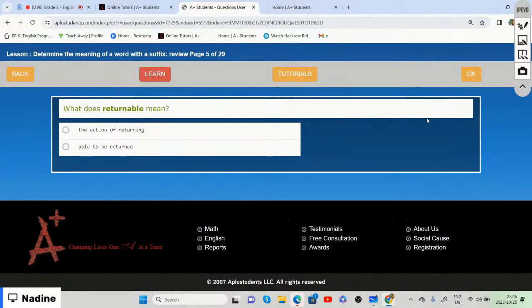So which means that it is returnable. Returnable means that you are able to return it. Able to be returned. So well done.